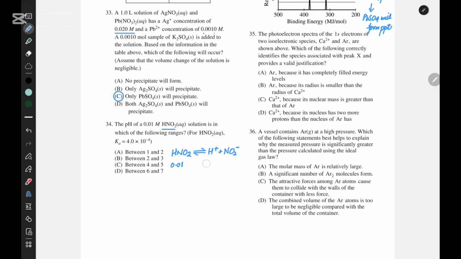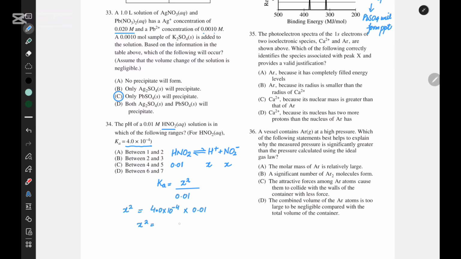Hydrogen ion is X, and as it is 1:1, NO2- is also X. Ka comes out to be the product, X squared because they multiply, divided by the reactant, 0.01. The value of Ka has been given to us, 4.0 times 10 to the power minus 4, multiplied by 0.01, and it is equal to X squared.